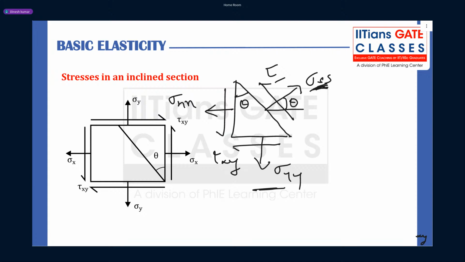Now, instead of this triangular element, if I draw my triangular element like this, this will be the theta angle. So this is your sigma YY, this is sigma XX. The corresponding shear will go like this.